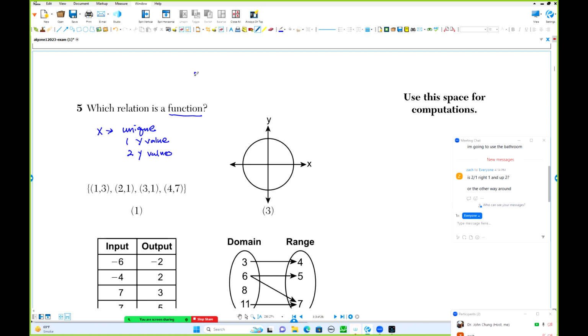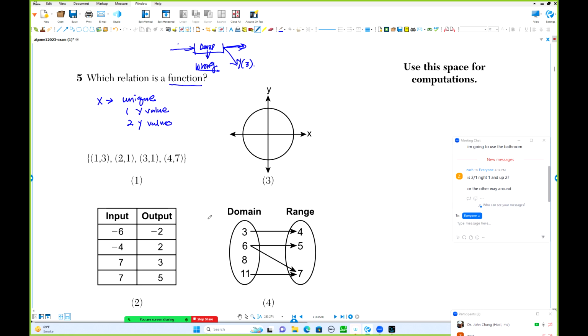If this is a device, when you input any value of x, the output should be only 1. If we choose another, and get 2 over there, that is wrong. This device is wrongly designed. That's why it is not called a function. Only one value of y output.